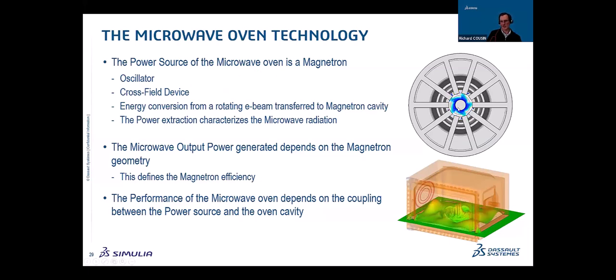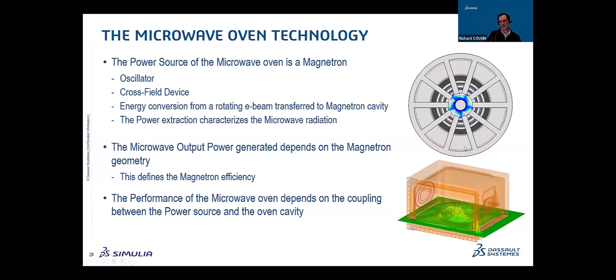The magnetron is an oscillator, a cross-field device, and the energy is transferred from the rotating e-beam to the magnetron cavity, which is here the RF structure constituted of 10 coupled cavities. The power extraction characterizes the microwave radiation. The magnetron is then coupled to the microwave oven cavity.